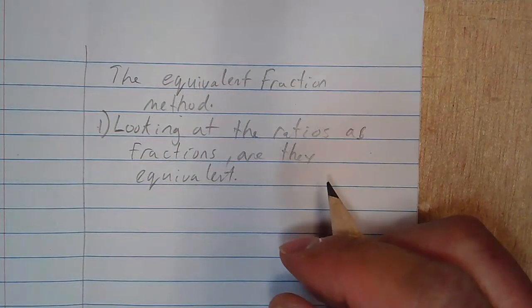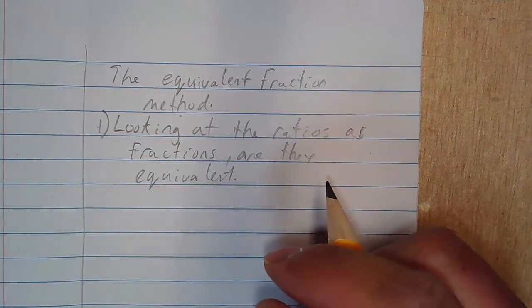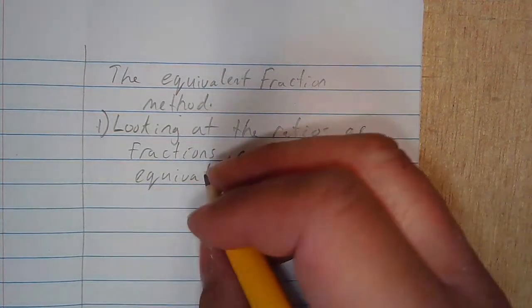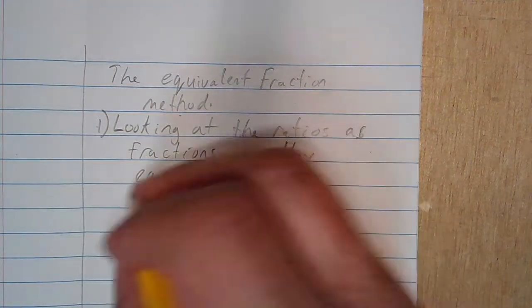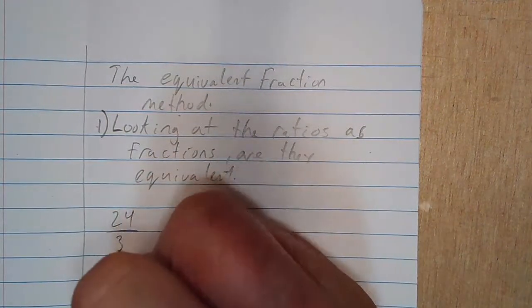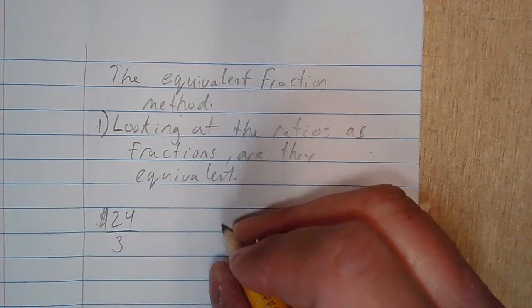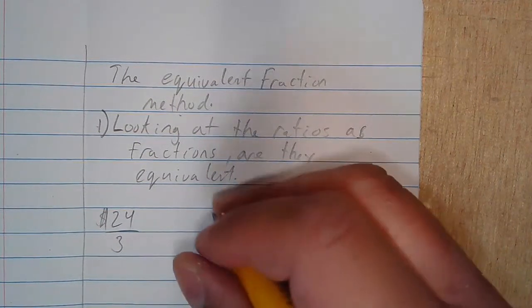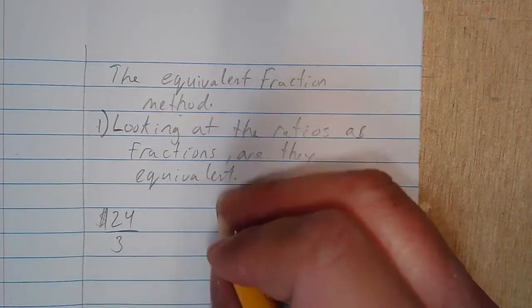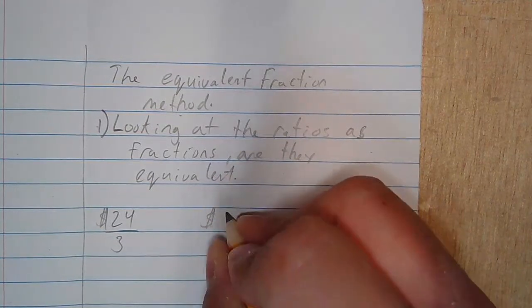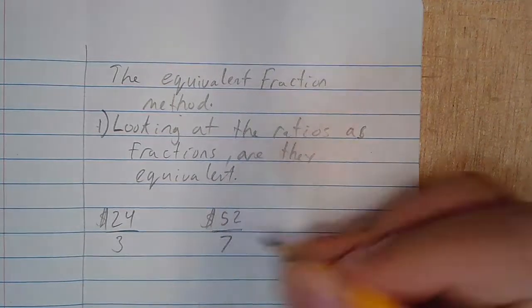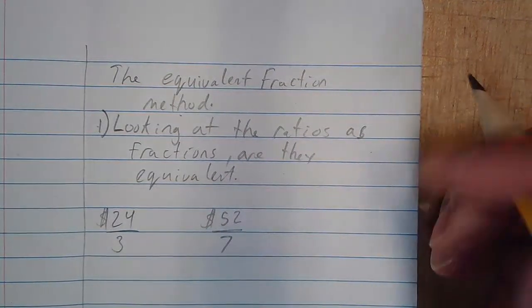Well, like I told you yesterday, when I did the intro notes, you have the two ratios. You have 24:3, and then you have 52:7, I believe. Okay.